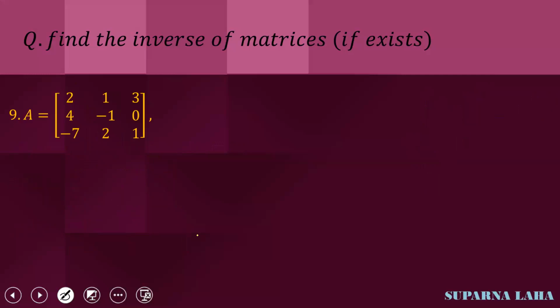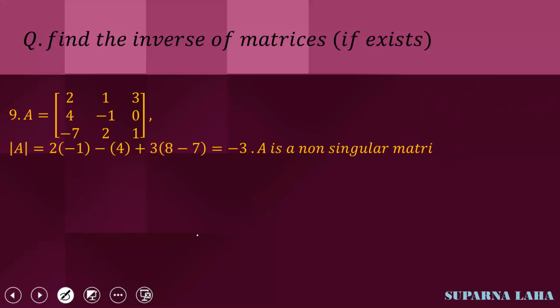Now look at here. Firstly, find if it is singular or non-singular. So for A, just break this determinant. You can use row or column operation, then you can easily find this determinant value, or you can just simply break this determinant. Just write down the values of it. So here I'm taking the first row for breaking it.